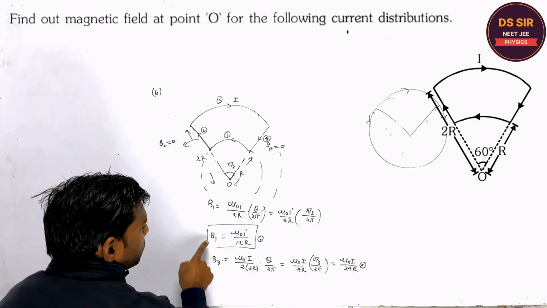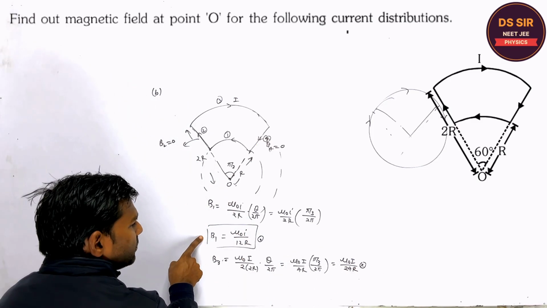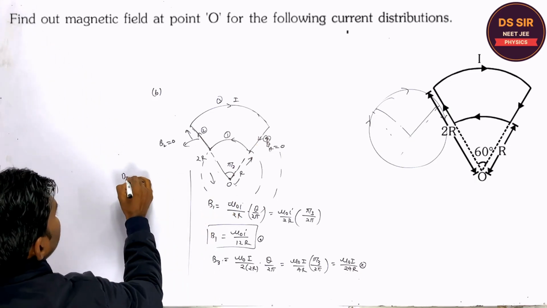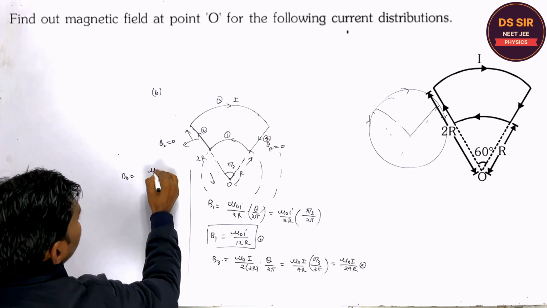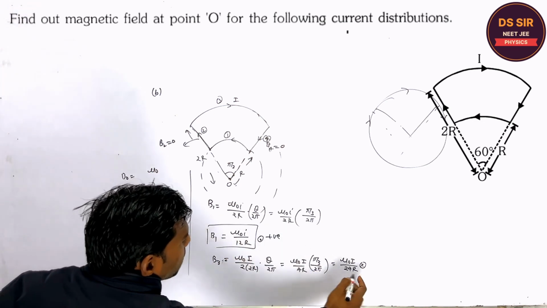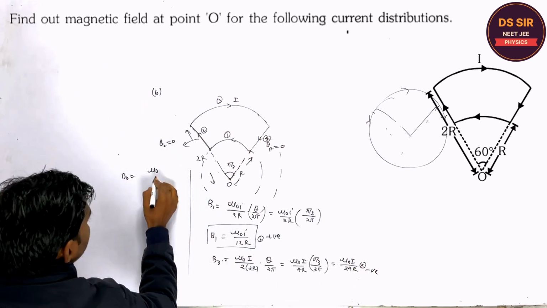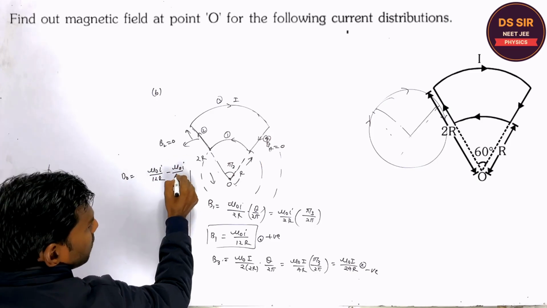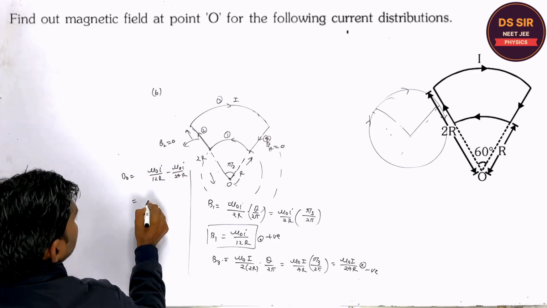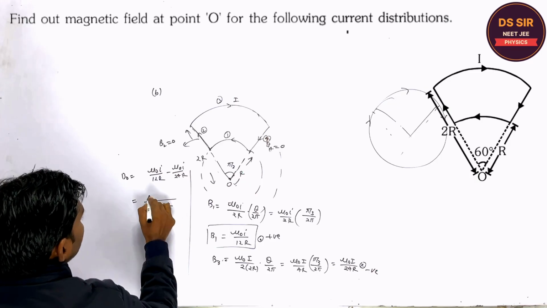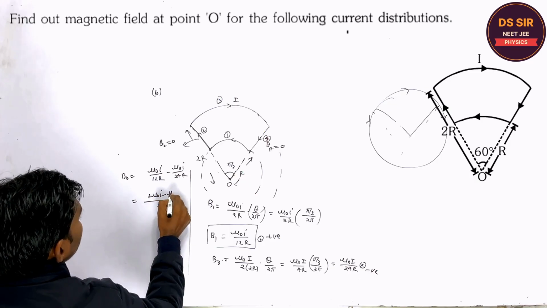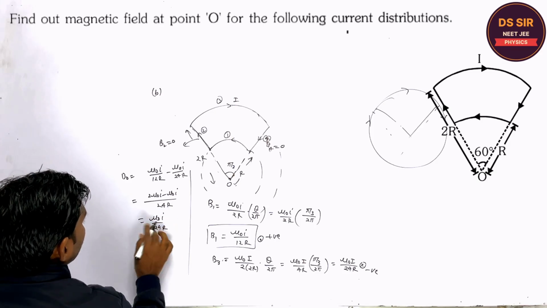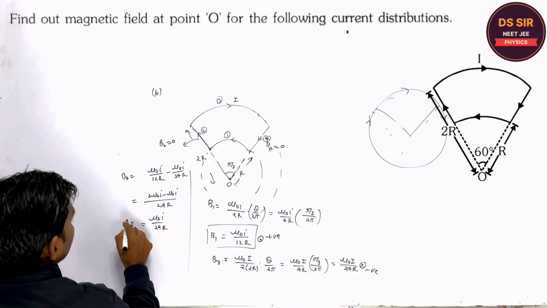Which is greater? B1 is greater. So what is the net magnetic field at O? If you take this as positive, this has to be taken with negative sign: mu naught I upon 12r minus mu naught I upon 24r. So it is mu naught I upon 24r, equal to B naught.